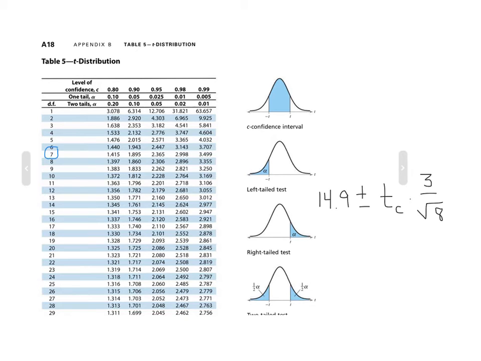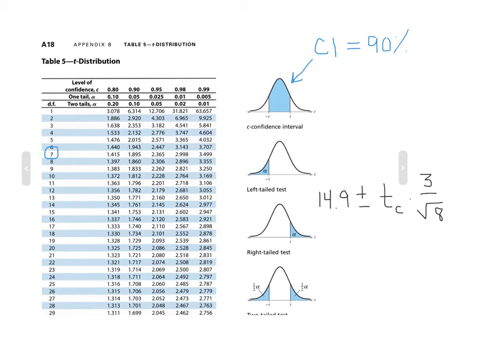So what we can do is look in the two tails row, because a confidence interval always is intended to capture a middle percentage of this distribution, which leaves out not one tail but two tails. So if there's 90% in this, then that means that there is 10%, or 100 minus 90%, in the non-shaded region, which is the two tails.